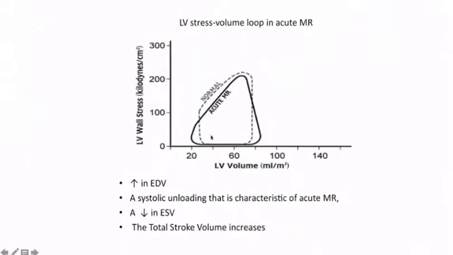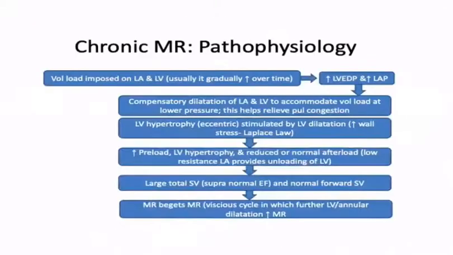In acute MR, the LV dimensions are normal, and even the volumes will not be much increased, but there is an increase in LA pressures, and no increase in the LV stress. There is a decrease in end systolic volume associated with increased end diastolic volume in acute MR.